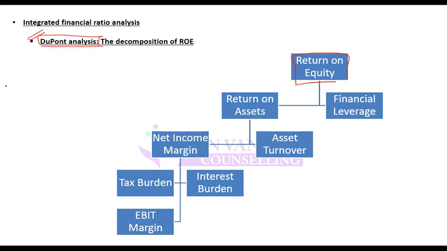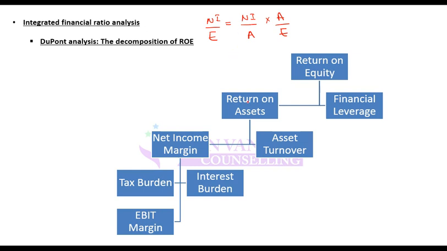Remember this DuPont analysis. What is return on equity? Return on equity is net income divided by equity, average equity or whatever. Net income divided by equity can be written as net income divided by assets multiplied by assets divided by equity. It is the same thing, right? What is this?